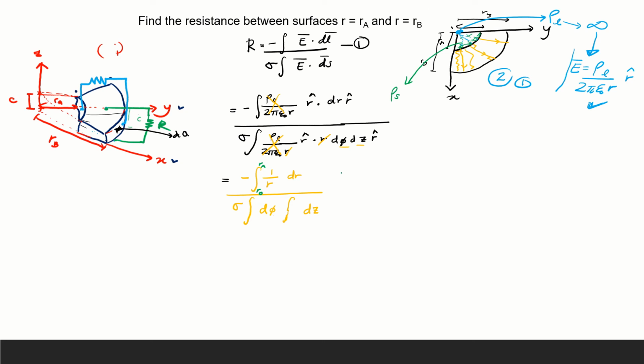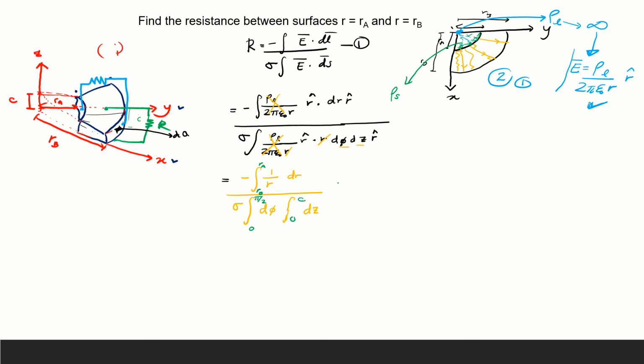For phi, the limit is the same as our previous example, from 0 to 90 degrees, because x and y are 90 degrees to each other. So phi is 0 to pi over 2, and z will be the height of this structure, from 0 until c.